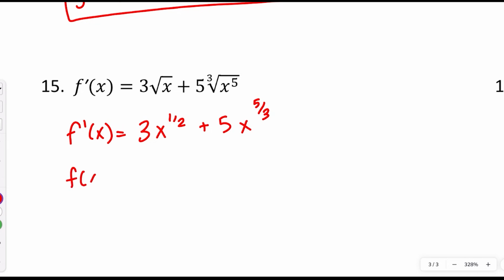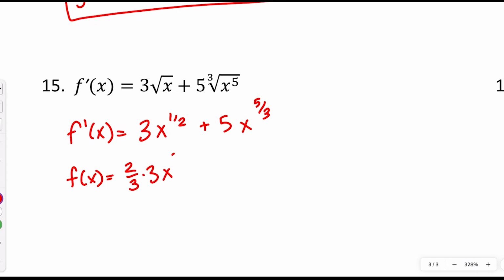So, 1/2 plus 1 would be 3/2. What's the reciprocal of 3/2? 2/3. Okay, so this is going to be 2/3 times 3x to the 3/2. Too many fractions. Plus 3/5 times 5x to the 8.